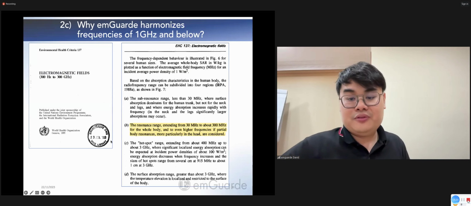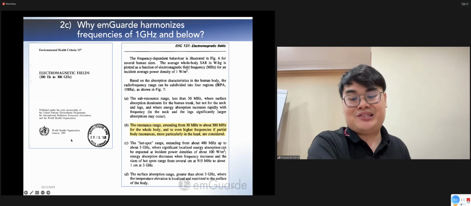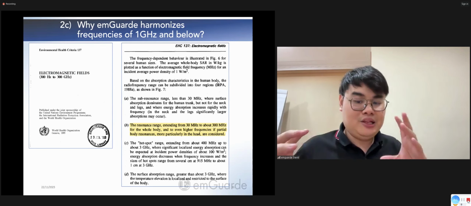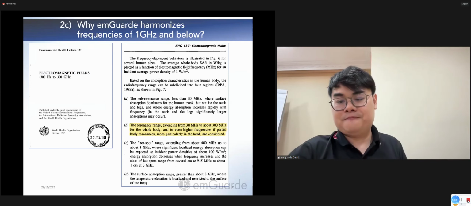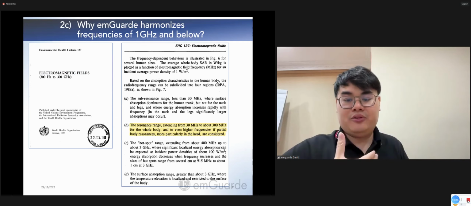In one of the pages here, it is written clearly at the highlighted point: the resonant range extending from 30 megahertz to 300 megahertz for the whole body, and to even higher frequencies in partial body resonance. Meaning at this particular frequency, it is the resonant range for the human body. Our human body reacts towards this frequency at the resonance range.